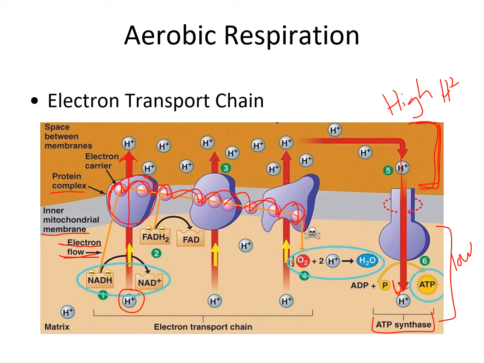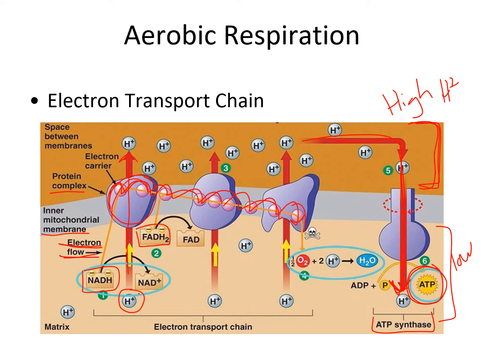And in doing so, the movement of these hydrogen ions flowing through the ATP synthase is going to power the production of ATP. So that is how the electron transport chain functions. All these electron carriers, the NADH, the FADH2, are going to drop their electrons off at the electron transport chain at these proteins.